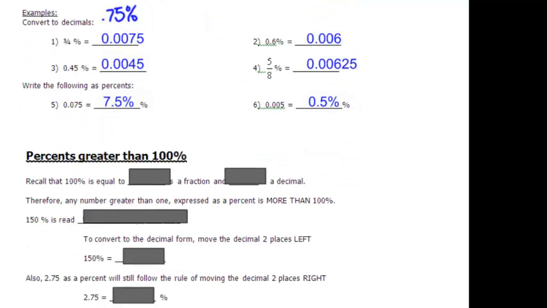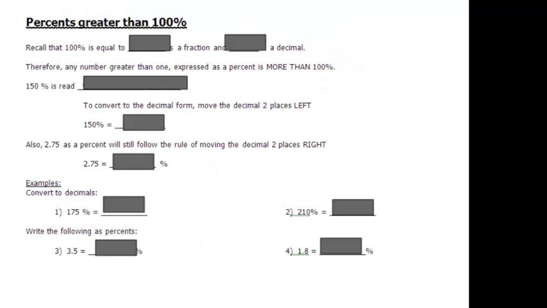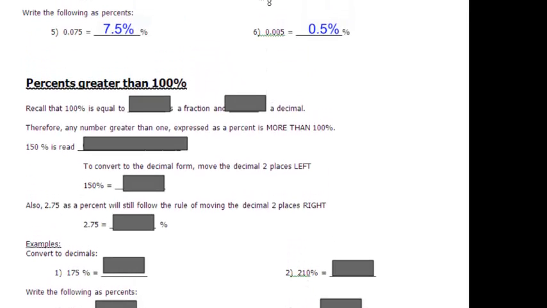Now we have to also consider percents that can be greater than 100%. And some of you know that from getting a bonus question on a test. If you got every question right and you got the bonus question, well, you got more than 100%. 100% is equal to 1 over 1 as a fraction and 1.0 as a decimal. Therefore, any number greater than 1 expressed as a percent is more than 100%. 150% is read 150%.